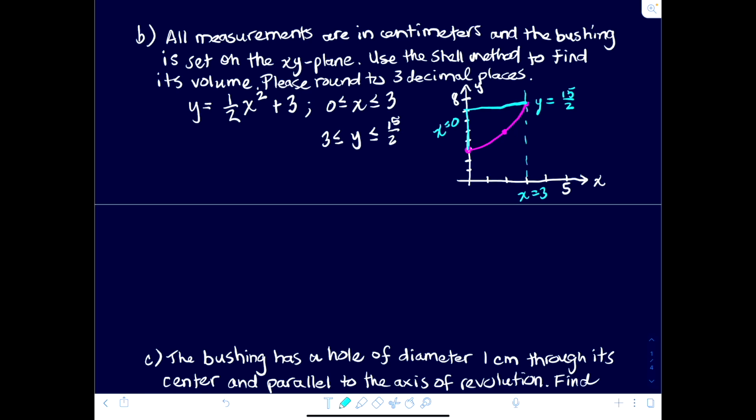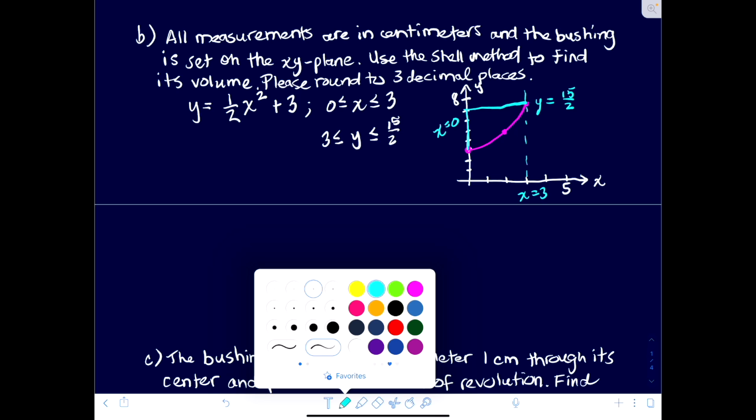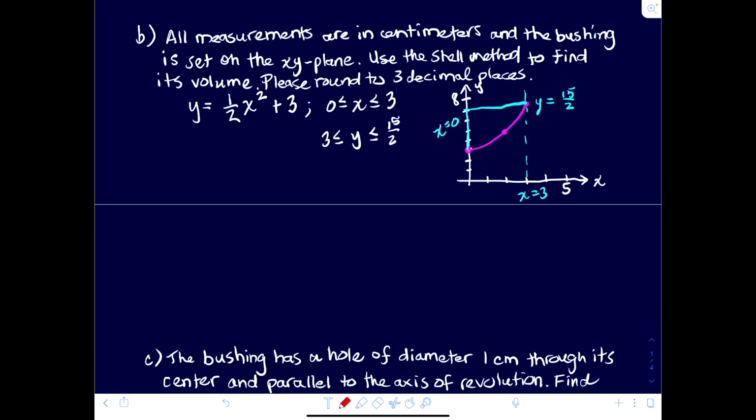Because what happens is the rectangles, when you do the shell method, are going to be parallel to the axis of rotation, which would end up being the y-axis there.